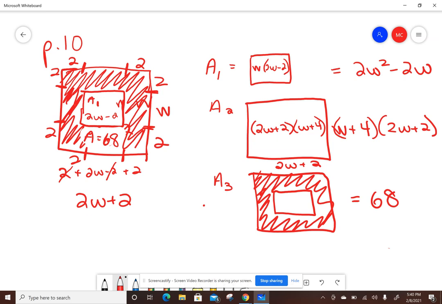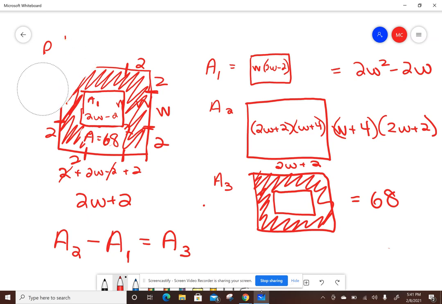What we could say is that if I take area 2, which is the entire area, and I subtract just the picture, what I'm left with is the picture frame. Now, we could set this up many different ways, but make sure that makes sense to you. That if you take the entire area of the whole thing, subtract the area of the frame, you're left with the area of the picture.